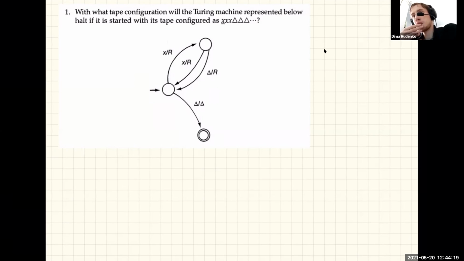I think that the string will remain the same, and we will be located at the second triangle. Professor, you're unmuted. Thank you. Yeah, Dima, I was saying that yes, maybe the string is not changed.